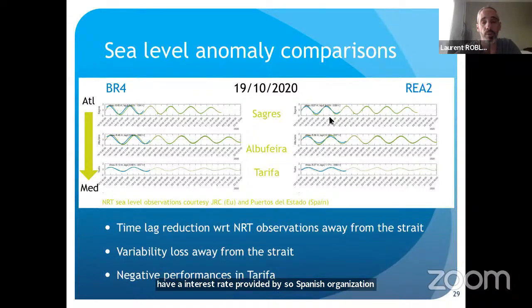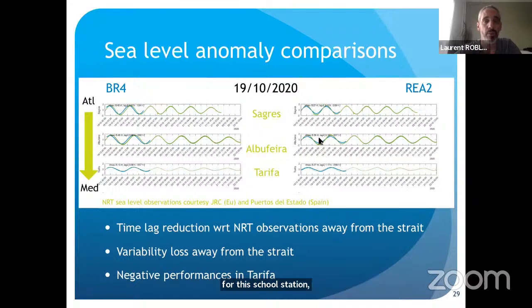Adding the green nesting here, you can see we have a time lag reduction to observation. You can see this one, and then you reduce the time lag between model and observation for these two stations.